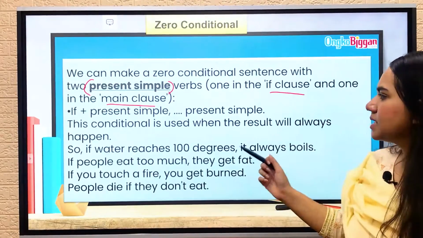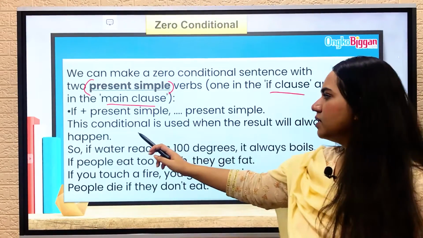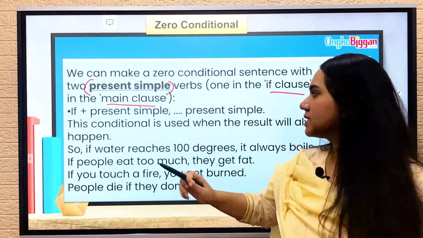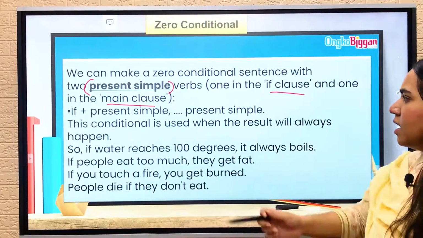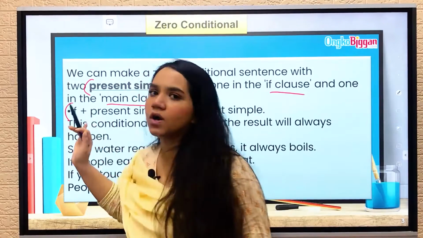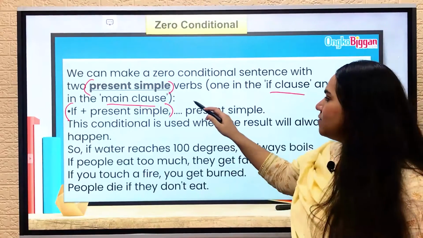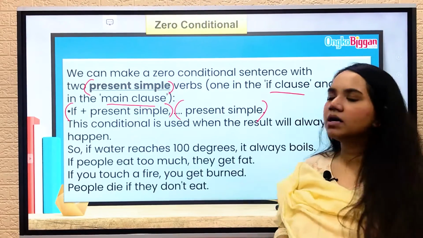So let's see. The first rule is if plus a present simple tense, then this will be the first half. This will be the if clause, or the subordinate clause. Now what is the main clause? From this to this is our main clause.